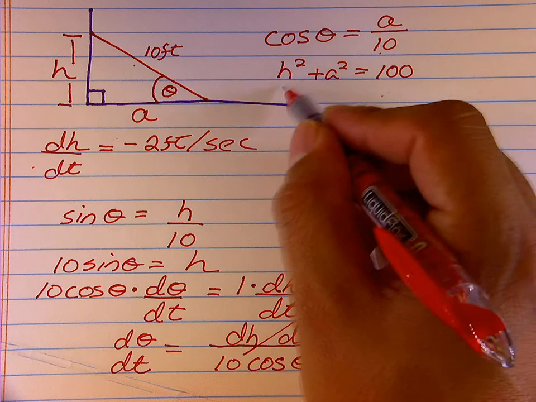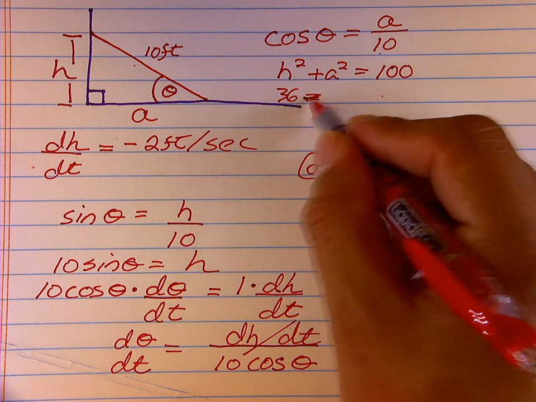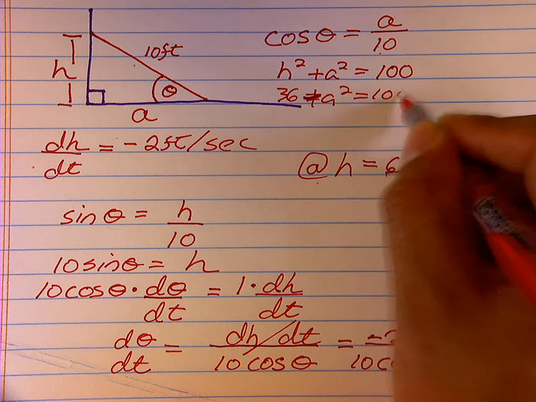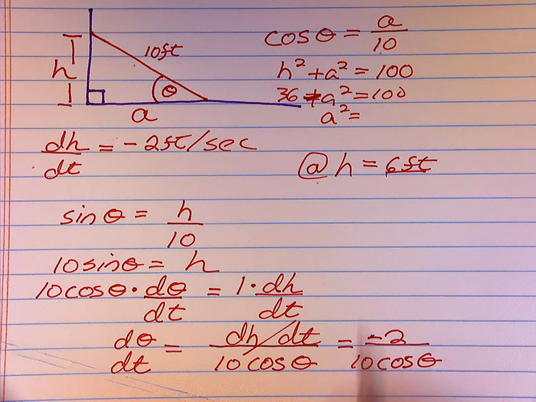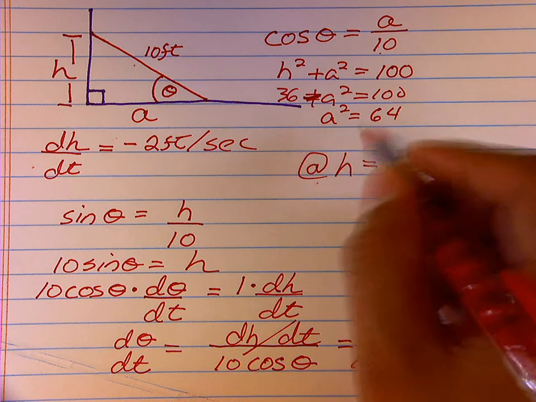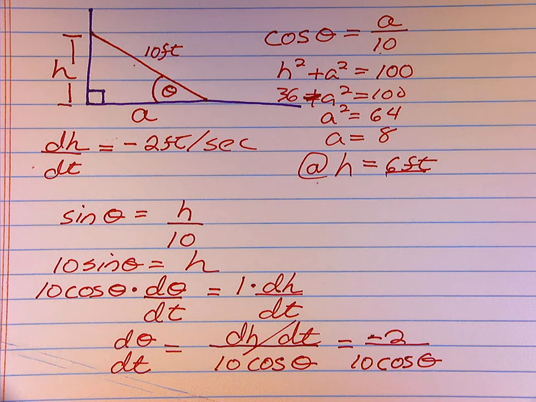I know what h is, 6, so h squared is 36, which means that a squared is 64. A is going to equal not plus or minus 8, because there is no such thing as a negative length in the dimensions we're going to be working with. So I'm going to assume that the length along that wall is 8 feet.